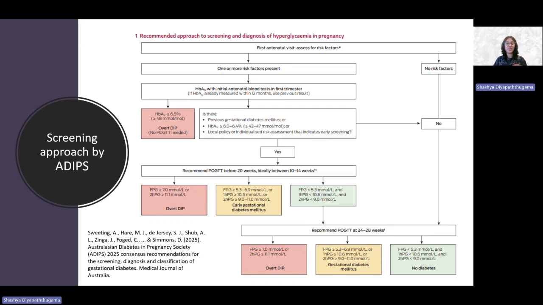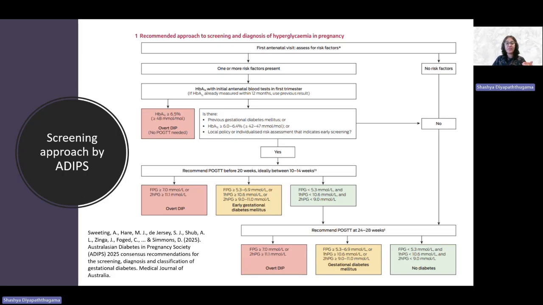If they don't have the risk factors that I discussed in a previous slide, for example a higher pre-pregnancy BMI, certain ethnicities, or higher maternal age, those were the risk factors we discussed before. So if somebody does not have risk factors, okay, let's keep them.